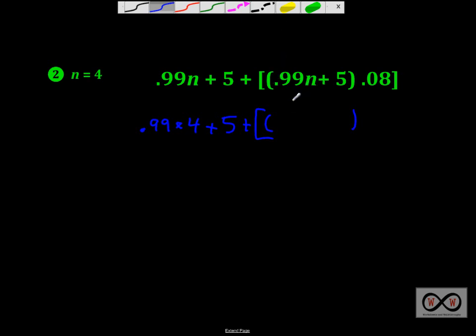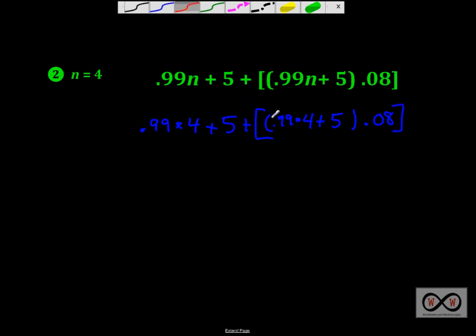We've got the same type of information, 99 cents times, and sometimes you see this big circular symbol. That also means multiply, so let's use that one. So we've got 99 times 4 plus $5 for the gift card, all multiplied by 8%, representing the tax. So now we can do that.